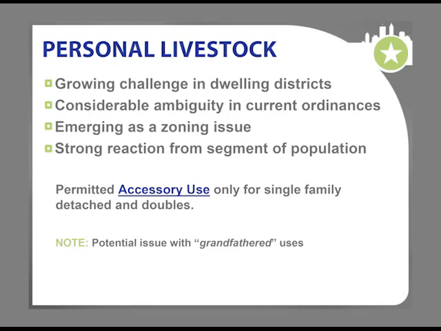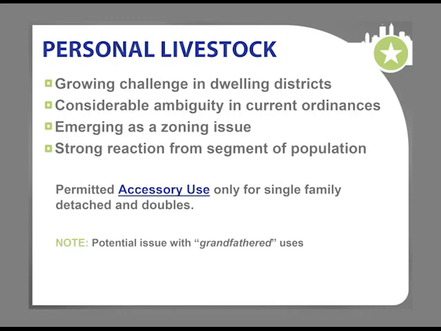The current ordinance has considerable ambiguity in terms of what's permitted and what's not permitted. Because more and more people are doing it, it's emerging as a zoning issue. And when we went through the public phase of creating Indy Rezone, this is a topic that generated a strong reaction from that segment of the population that does currently raise personal livestock in their dwelling units.